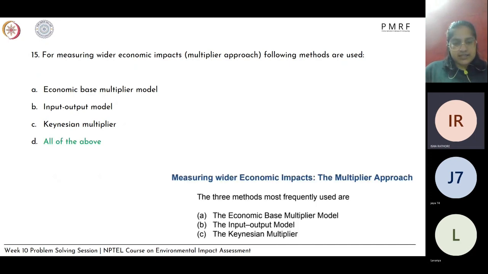Okay, so the correct answer is D. That is, the three methods which are most frequently used are the economic-based multiplier model, the input-output model, and the Keynesian multiplier. So D, all of the above, is the correct answer.